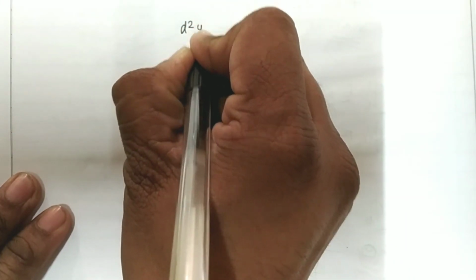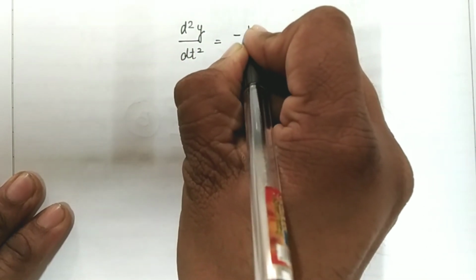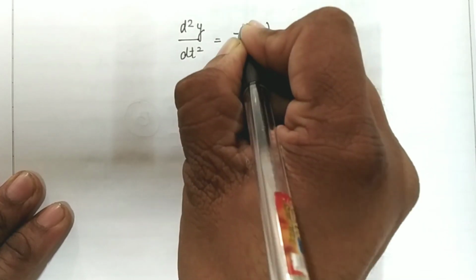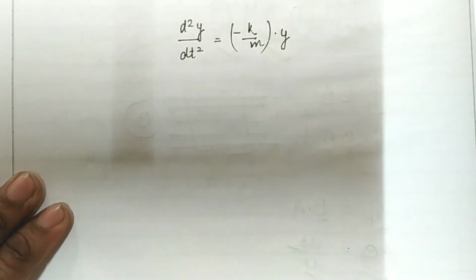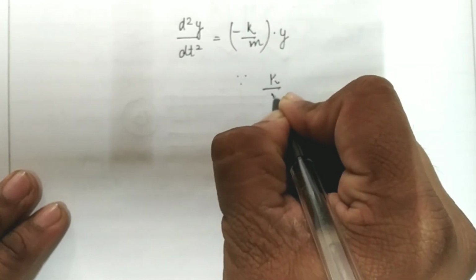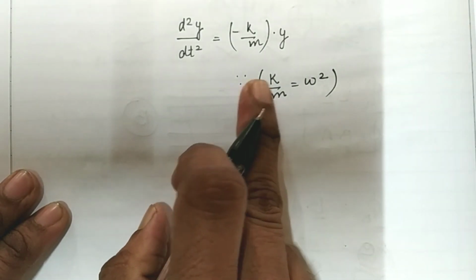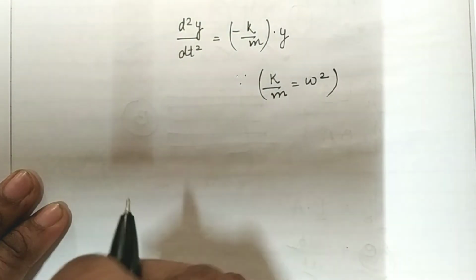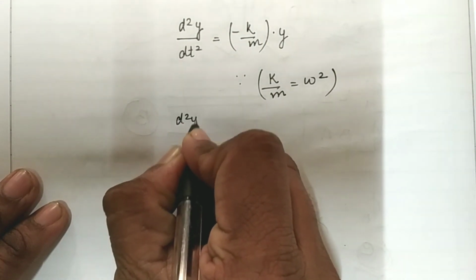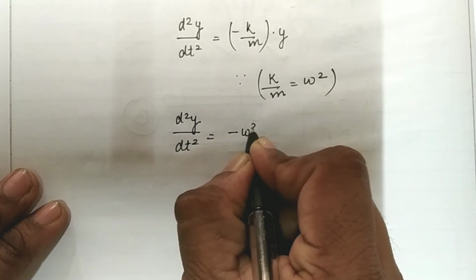So d2y upon dt square is equal to minus k by m into y, and since k by m can be written as omega square, we obtain d2y upon dt square equal to minus omega square into y.